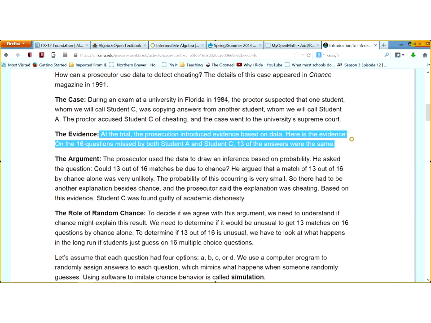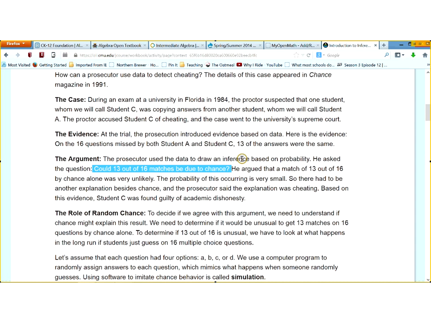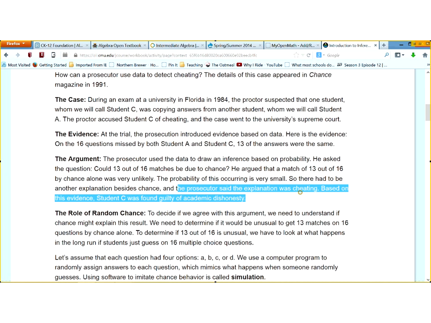He asked the question, could 13 of 16 matches be due to chance? Well, the probability of this occurring is very small. So there had to be another explanation besides chance. And the prosecutor here said the explanation was cheating. And based on this evidence, student C was found guilty.